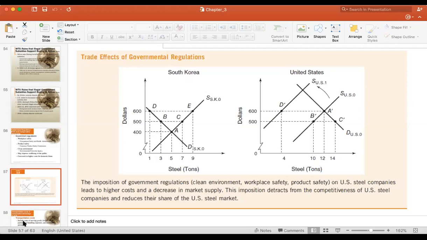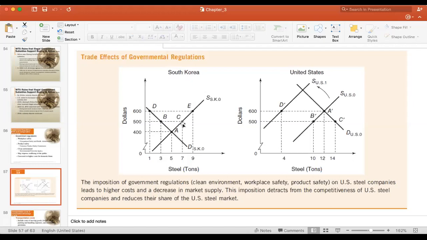So now the price given by demand and supply will be 500, which lies between 400 and 600. The reason is that at $500, South Korea is willing to produce 7 million tons. Let's say this is in millions. Whereas South Koreans are only going to consume 3 million tons.